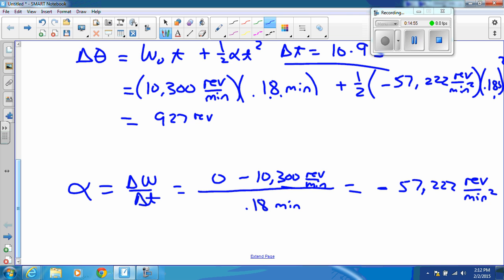Now, it just seems like it's off by a lot, and I don't know if that means that they messed up. Do we have the right time? Yes.